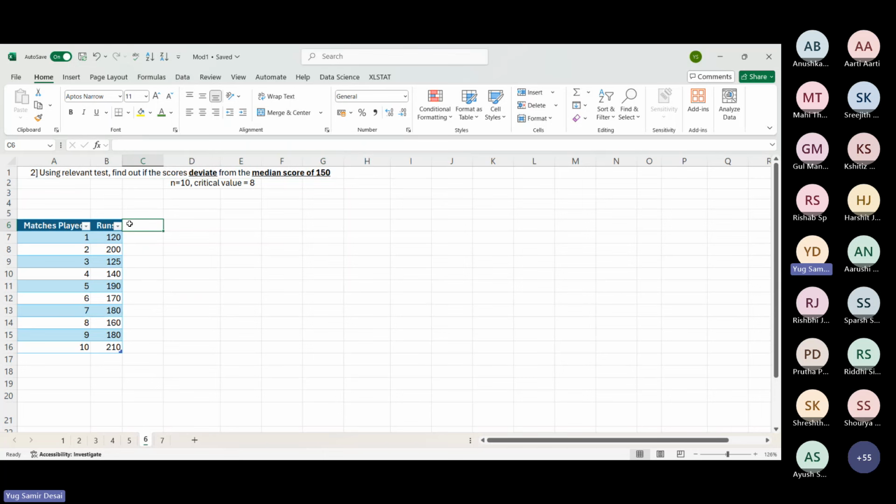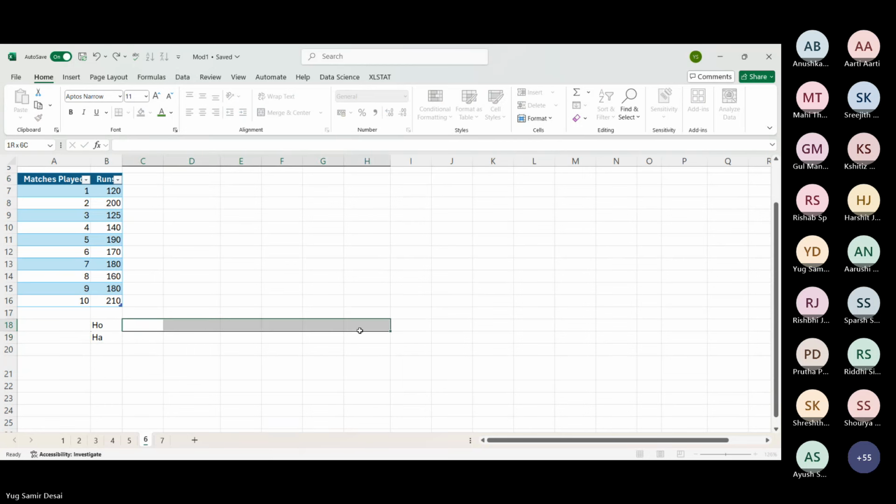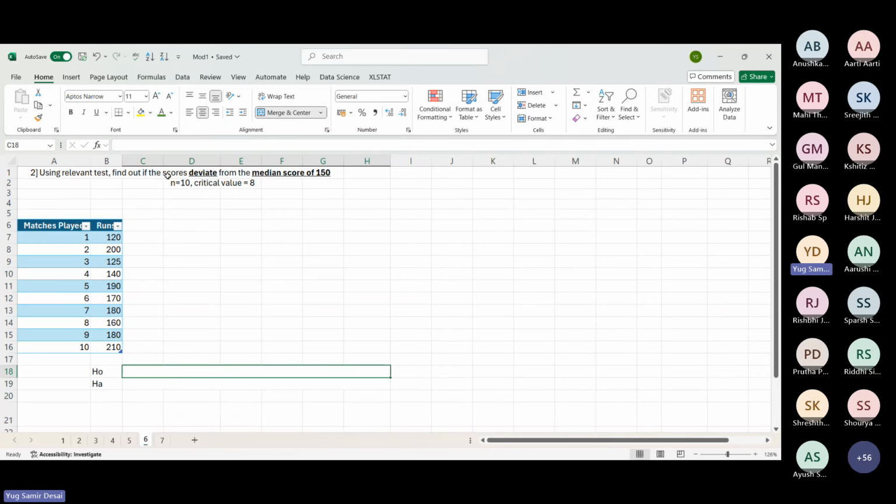So firstly, we should lay out the null and alternate hypothesis before I forget it again. Here our question is if there is a deviation. So that would automatically be our null hypothesis, because the Wilcoxon signed rank test is basically done for testing the median.